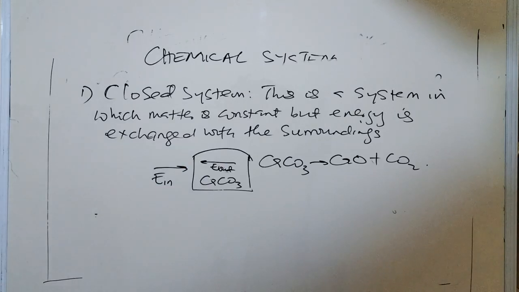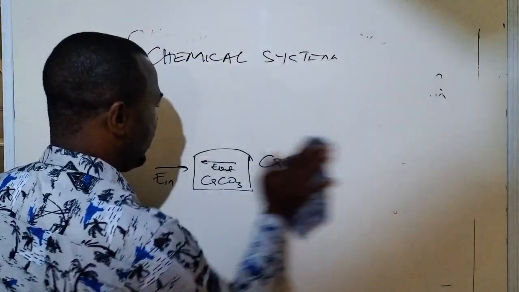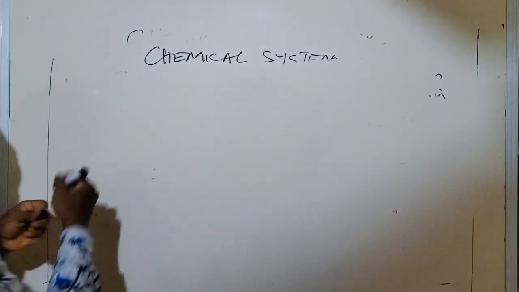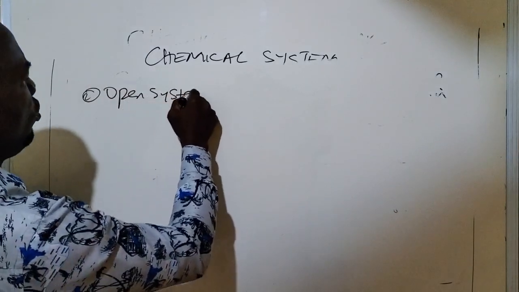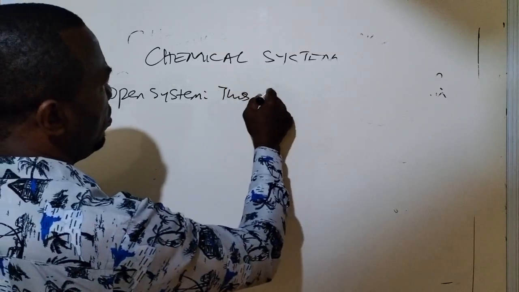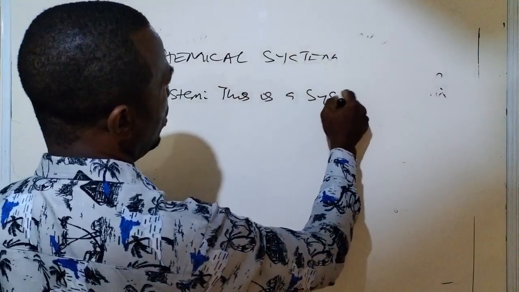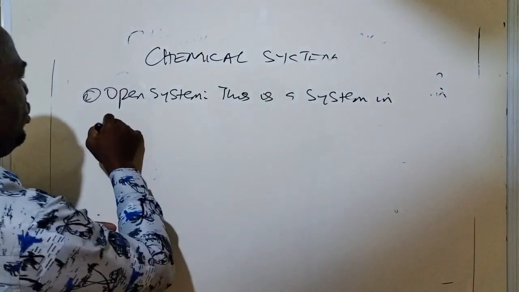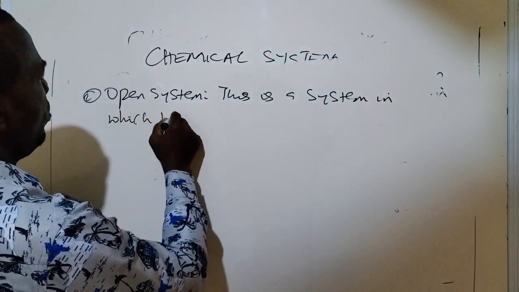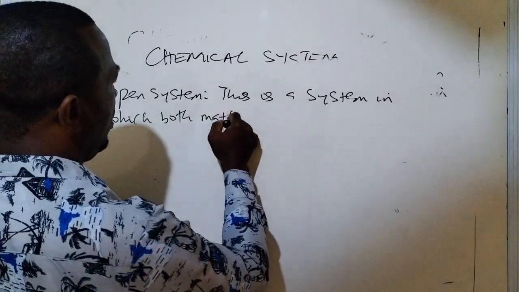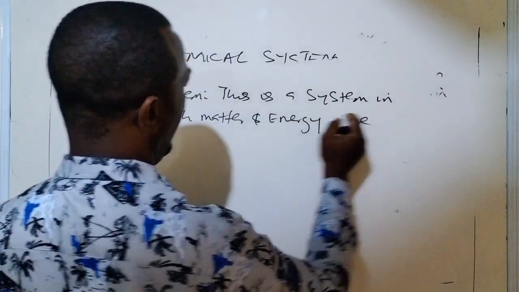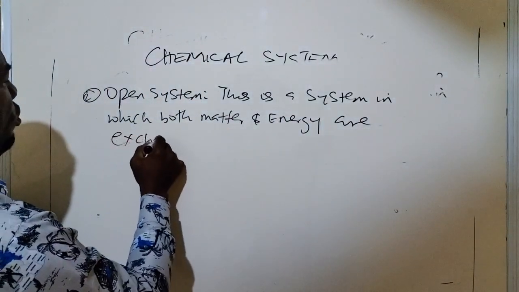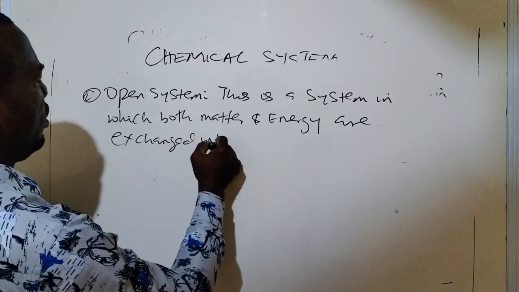Then the other type of system is called open system. So what is an open system? This is a system in which both matter and energy are exchanged with the surroundings.